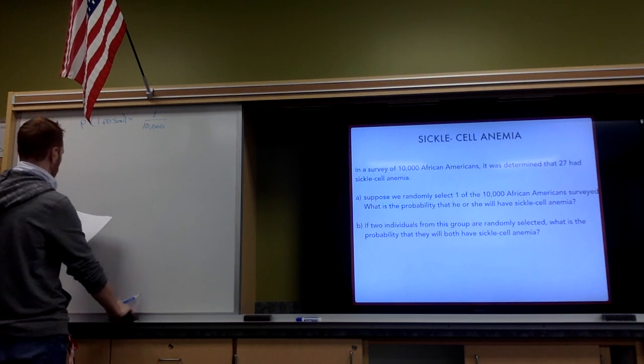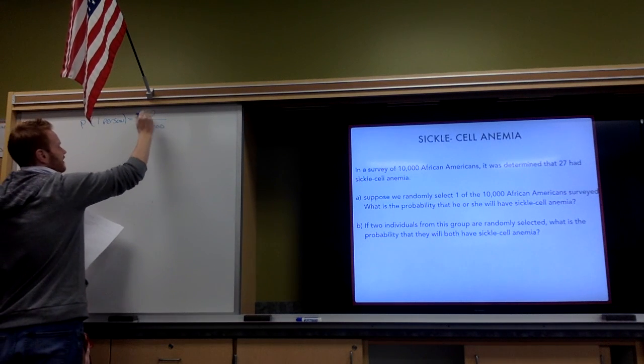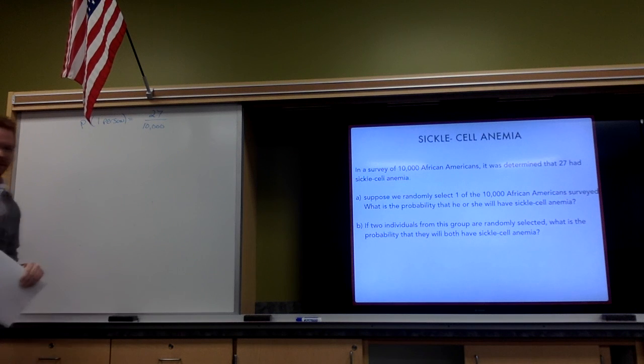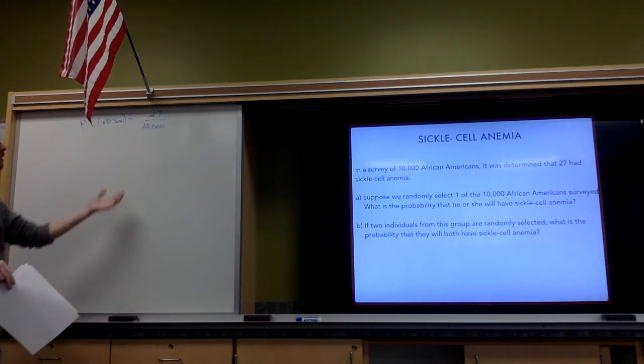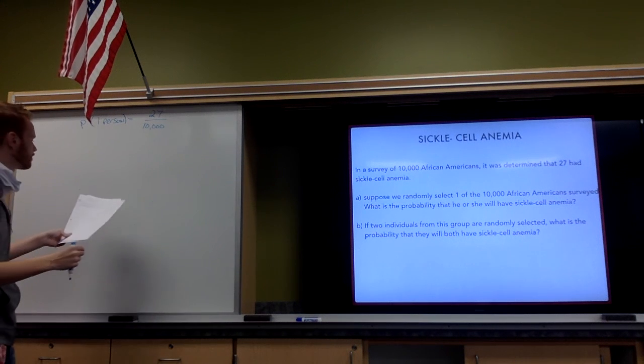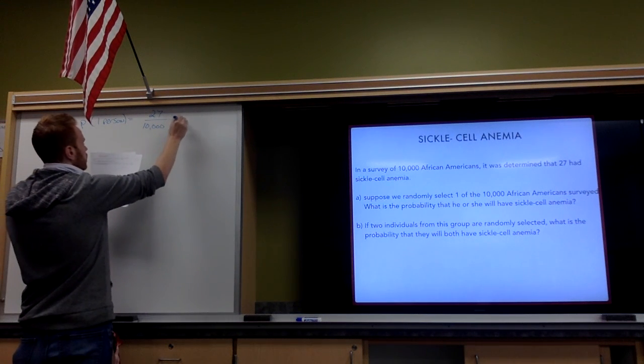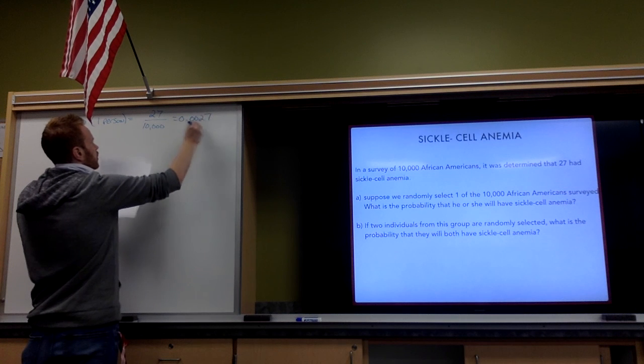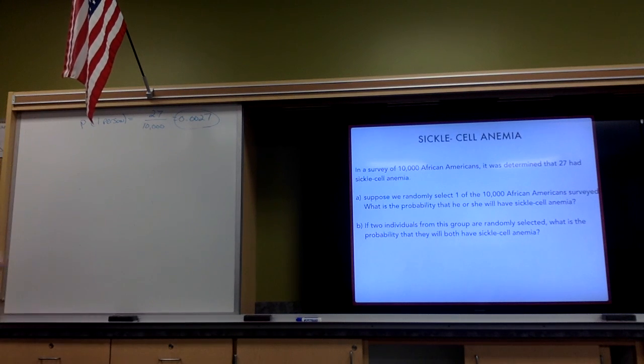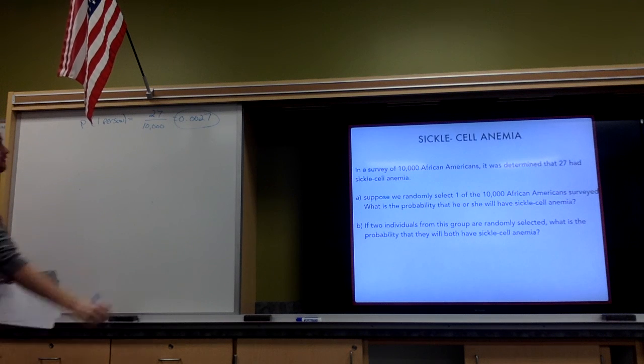Well, actually, I'm sorry, not 1. 27. Sorry about that. I just looked at the PowerPoint and saw the word 1, and I just wrote it down. No, there was 27 out of there. Okay. So we divide. And we get this as our final result, 0.0027, okay, or 0.3%.